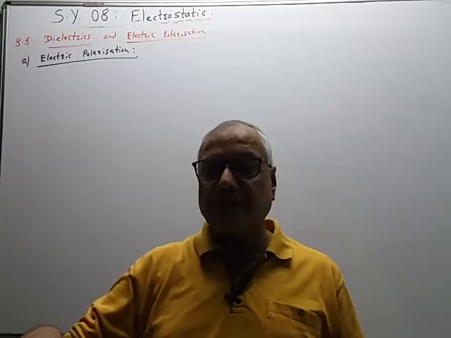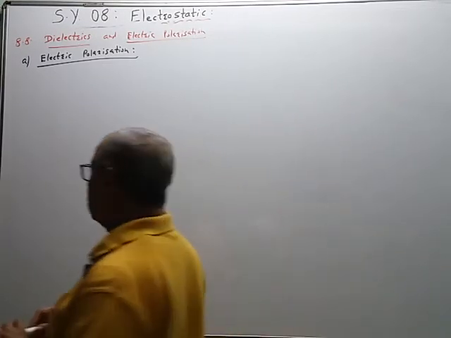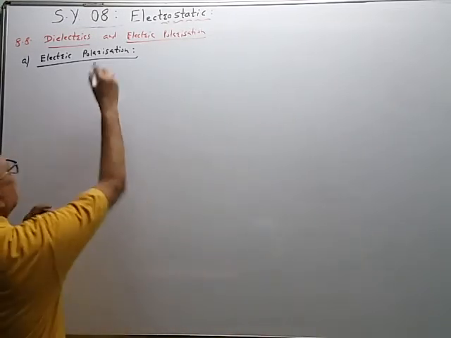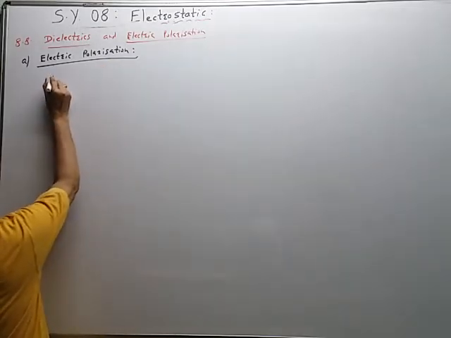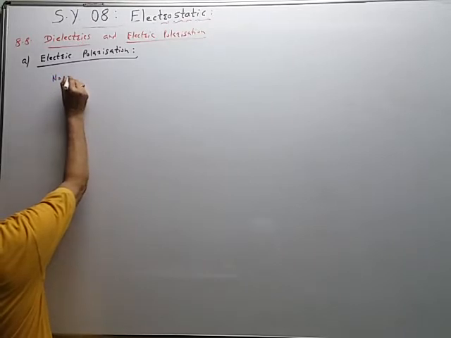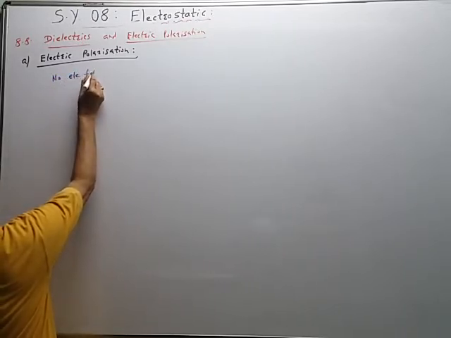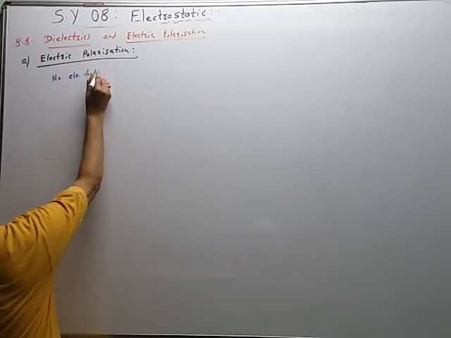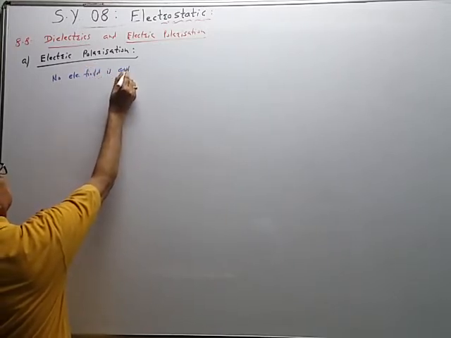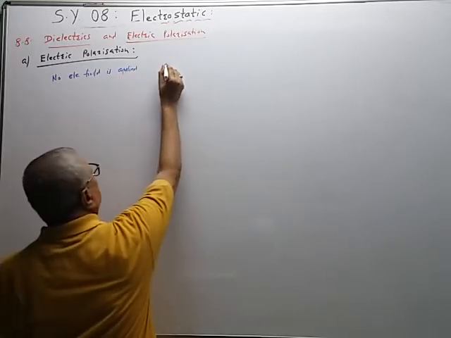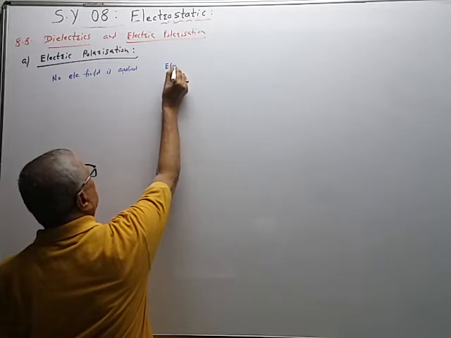So how does this take place? It takes place due to the effect of electric field. For example, we will consider two cases. No electric field is applied, and electric field is applied.